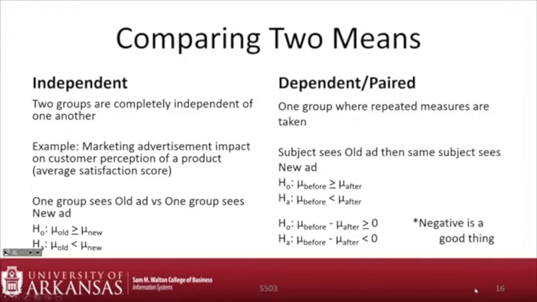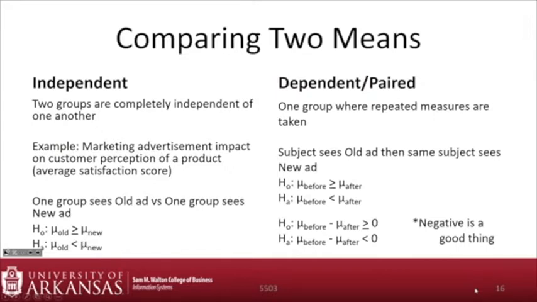So here, one group sees the old ad and one group sees the new ad. Completely separate groups. Here we have a subject who sees the old ad, and then the same subject sees the new ad. Okay. So our null hypothesis can be before, right? So it's the same as we had before.